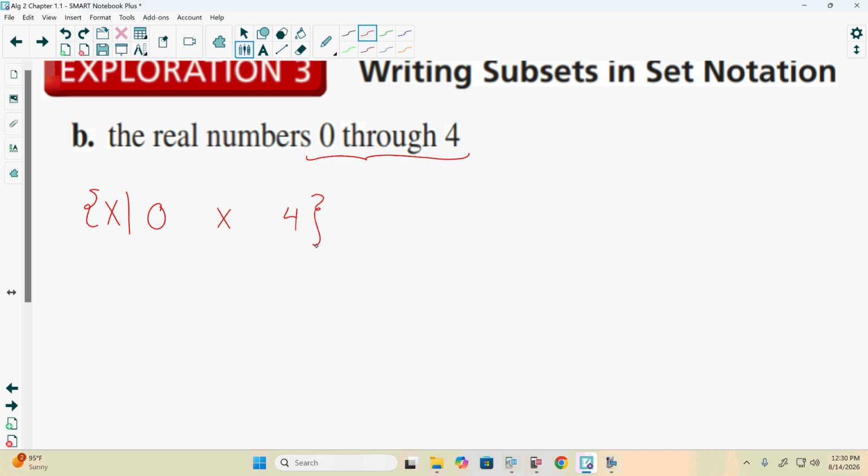So our 2 endpoints, we'd have 0 and 4, and X would be in the middle, because we want all the numbers through 0 through 4. So we know 0 is going to be less than X is less than 4, yes? Now because of how they worded it, it's through, we do need it to be equal. 0 is less than or equal to X is less than or equal to 4.